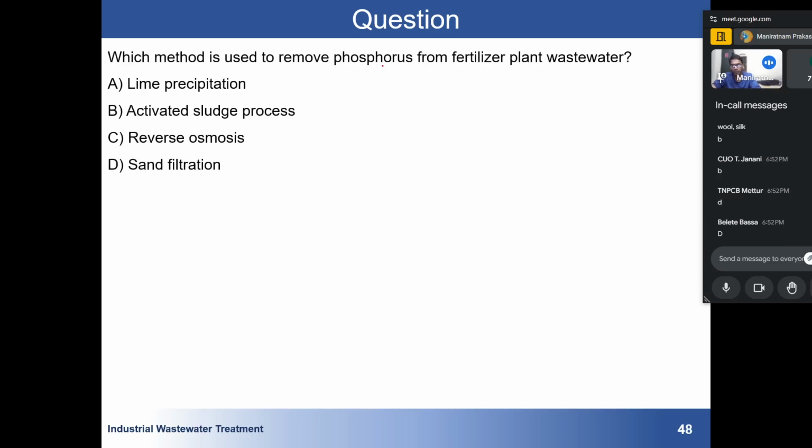Which of the methods is used to remove phosphorus from fertilizer plant wastewater? Again, this is a repetition of one previous question. First, we have to remove phosphorus.